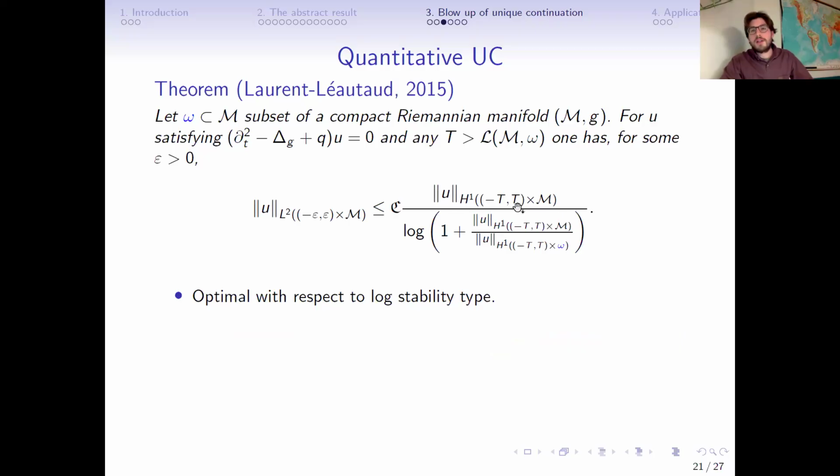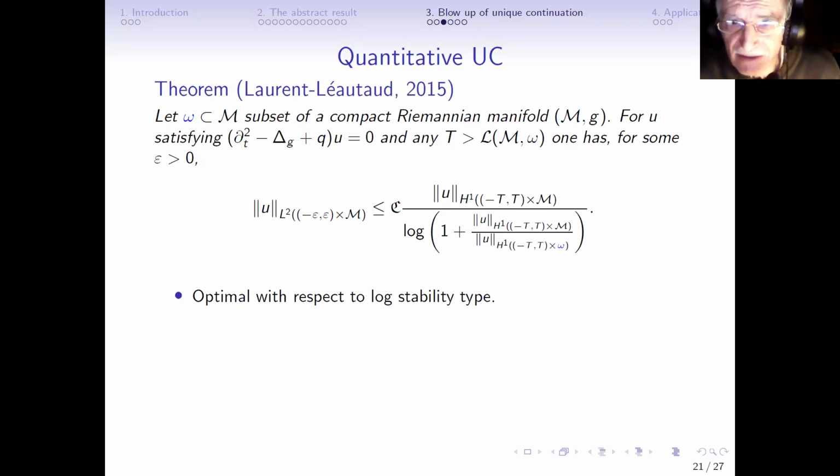Here we have the norm in the whole space, which is why these estimates are so-called conditional estimates. And the main point is that here we have the observation that we make from a cylinder omega at time minus t.